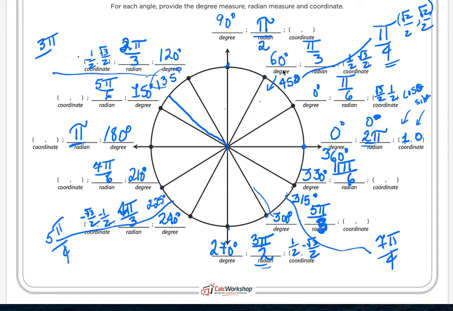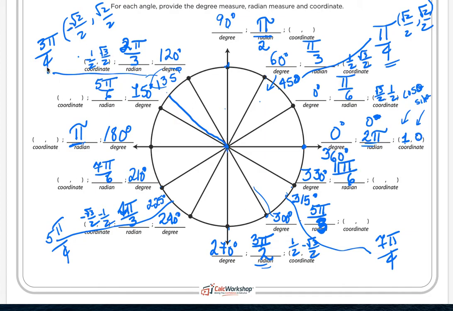This was 0, this is pi over 4, 2 pi over 4, this is 3 pi over 4, and I erased this. Okay, then it's over here in the second quadrant, right? The x and the y's are equivalent. They're both square root of 2 over 2, except in the second quadrant here, I know that my x value is negative.